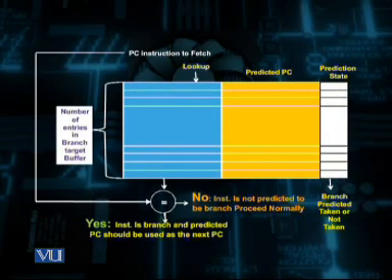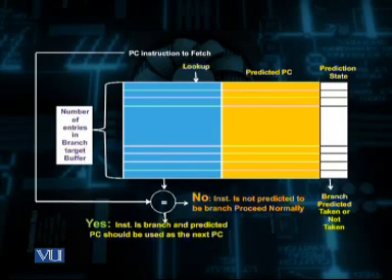Here you can see on this diagram that a branch target buffer consists of 3 fields known as the lookup field, predicted PC field, and prediction state. The lookup field contains the addresses of the known branch instructions predicted as taken.